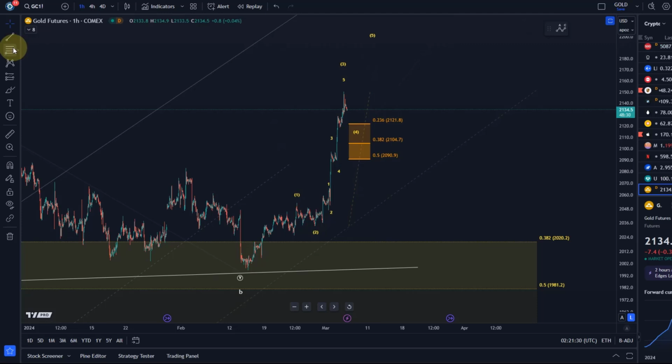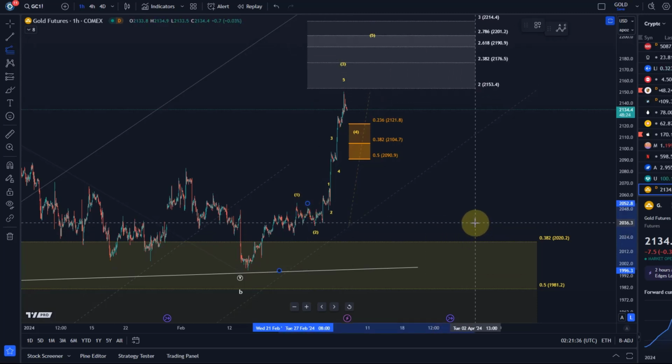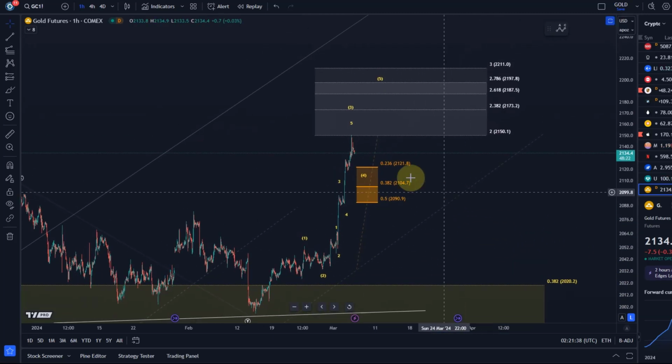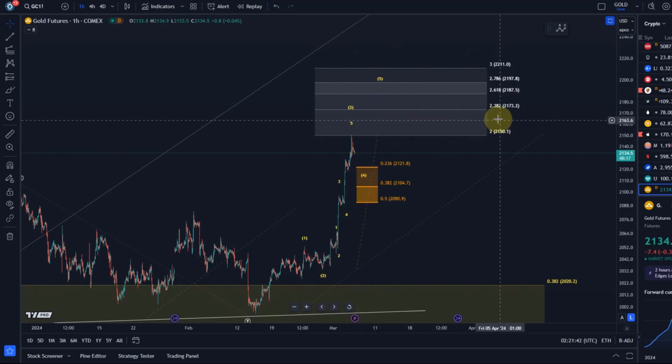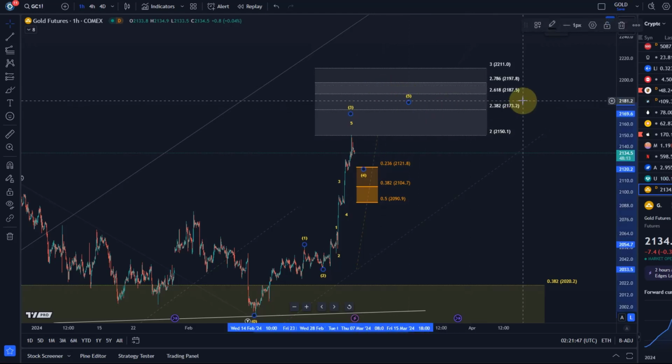I can now already use the initial 1-2 setup to possibly come up with some levels to watch. This reached the 200% extension level, so the next move up should naturally reach either the 2.382 or the 2.618, so 2,173 or 2,187.